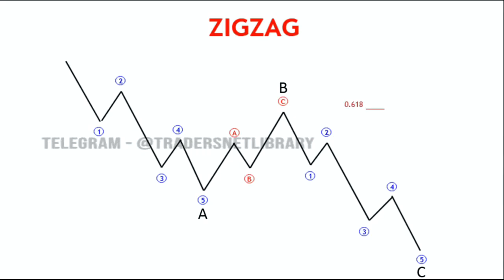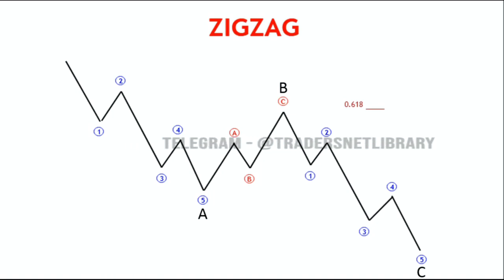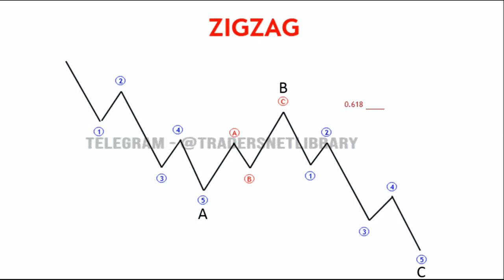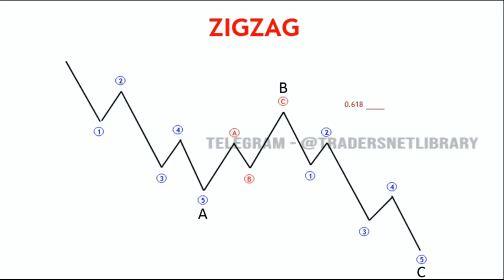Wave B can be a combination of zigzag correction waves, or flat or triangular types. In other words, if wave B is of the zigzag correction wave type, it has a structure of 5-3-5, and in this case, wave B has a 3-wave structure.